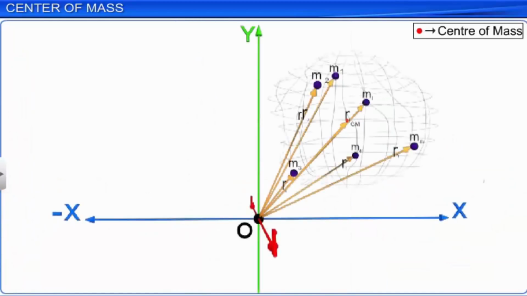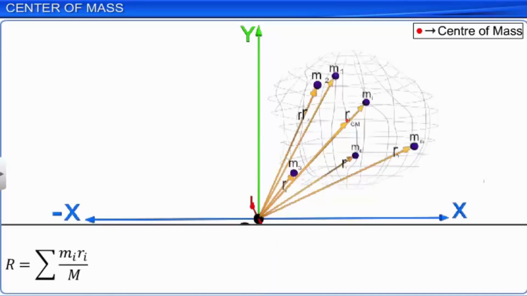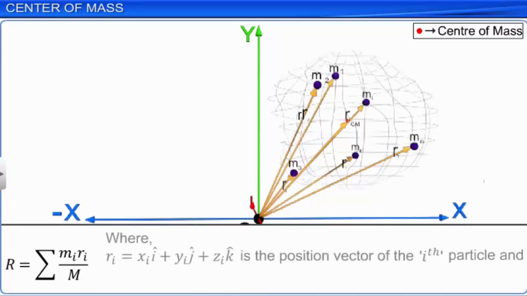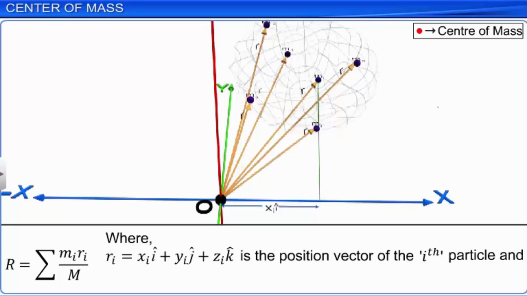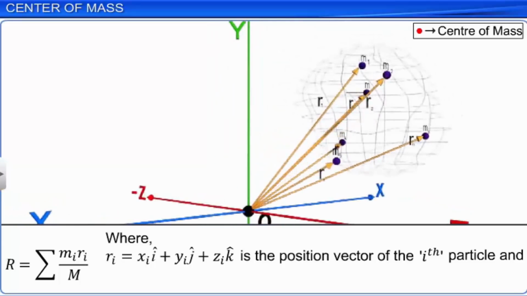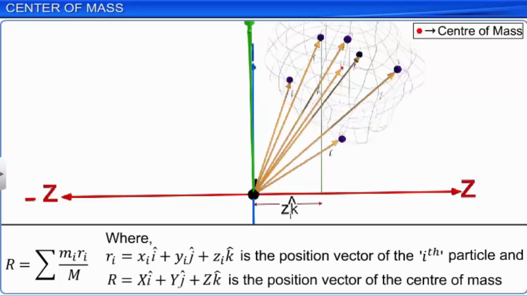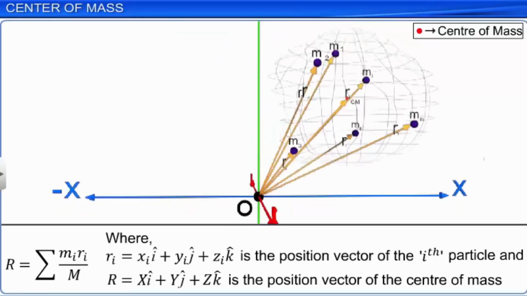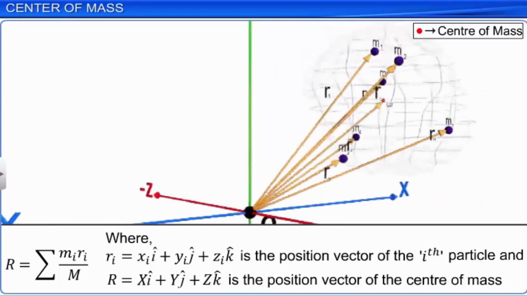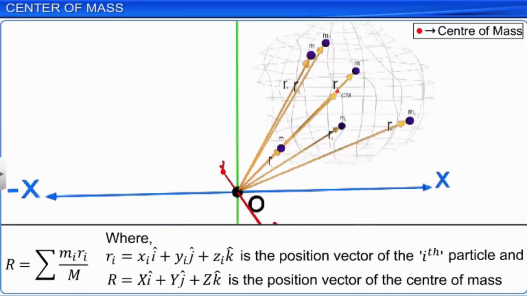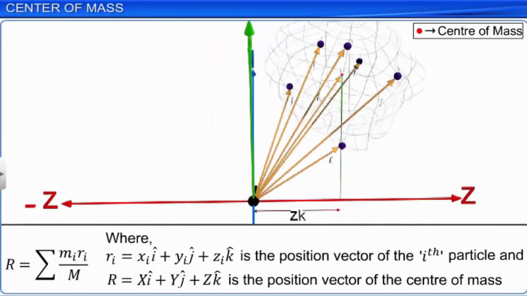In vector notation, the position of the center of mass of a given system of particles is given by R is equal to sigma mi Ri by M, where Ri is equal to xi i plus yi j plus zi k is the position vector of the ith particle, and R is equal to x i plus y j plus z k is the position vector of the center of mass.